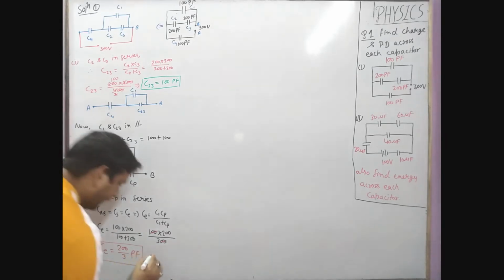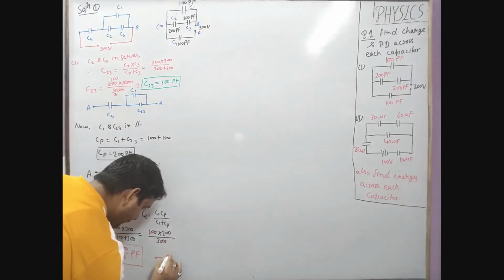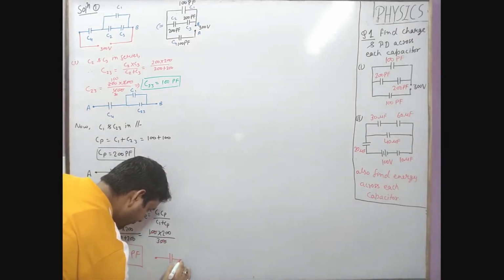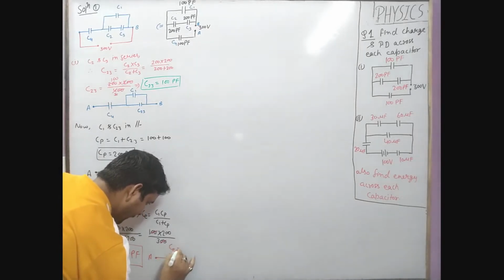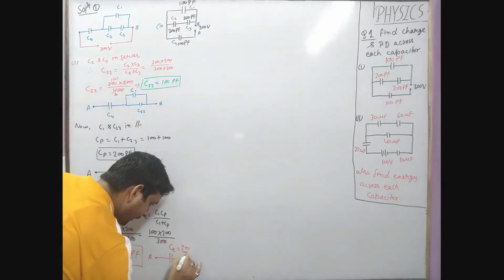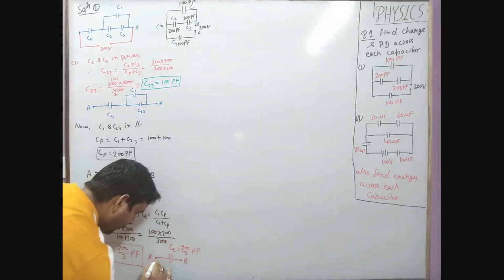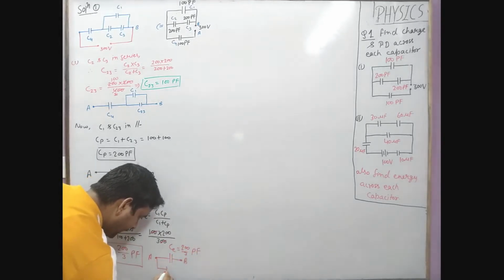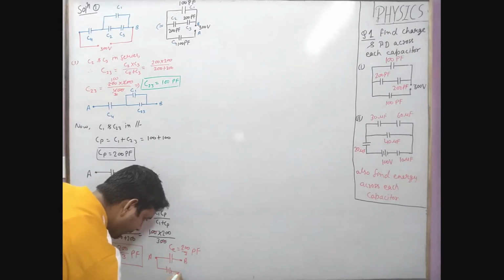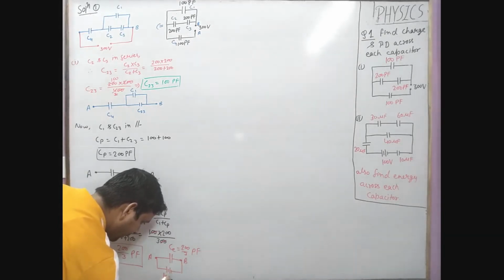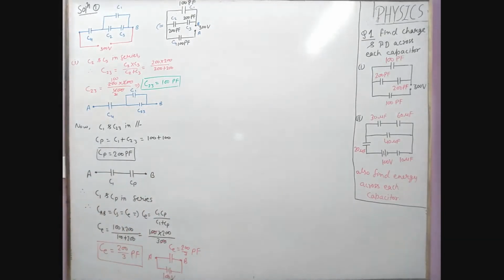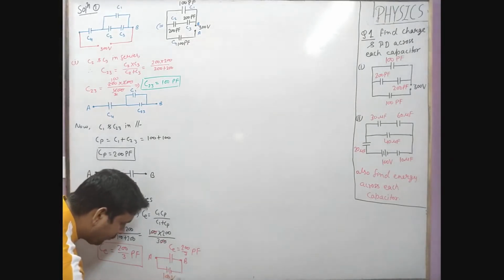And now the circuit is reduced to A and B. C equivalent, which is 200 upon 3 picofarad, across a potential difference of 300 volt.